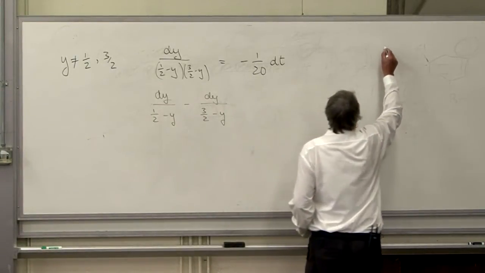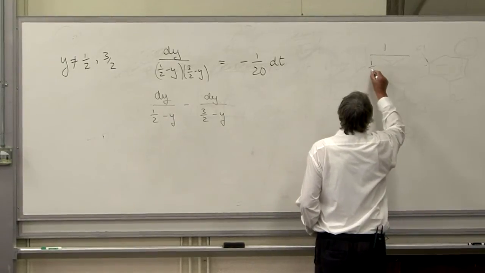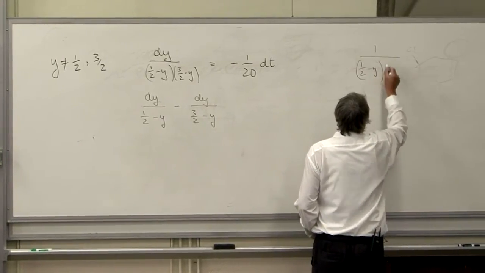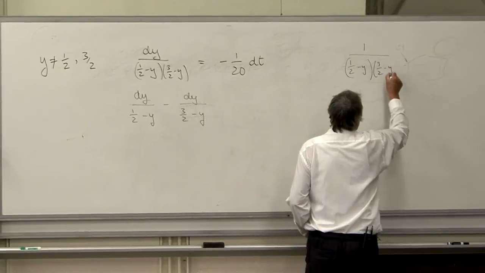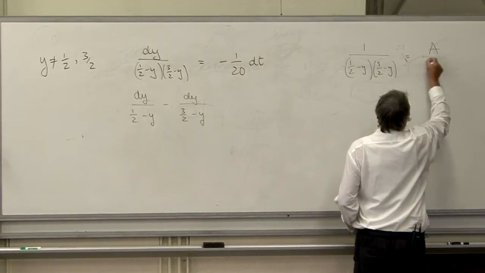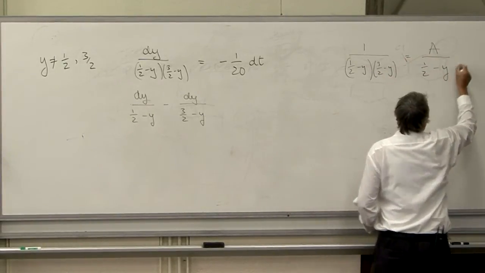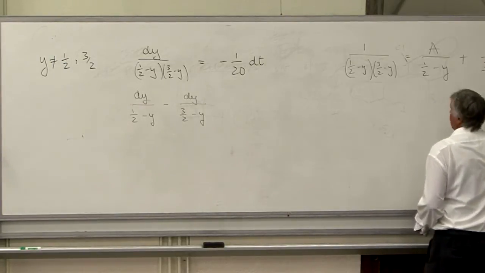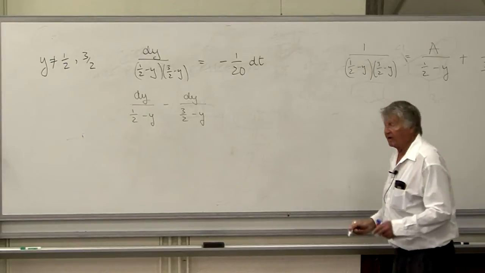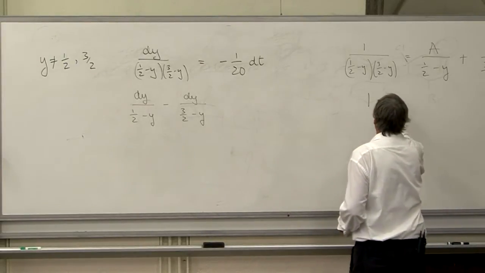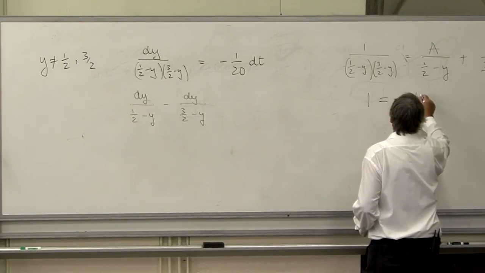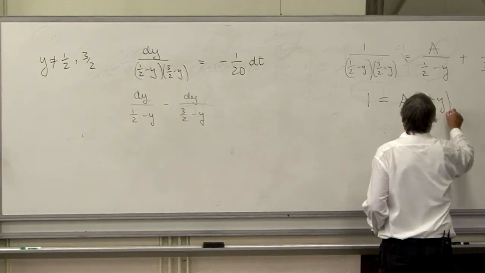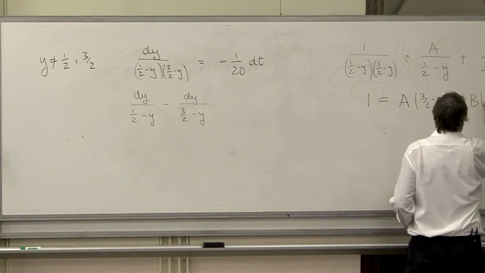So, if I have 1 over (a half minus y)(3 halves minus y), I write this as a over a half minus y plus b over 3 halves minus y. I multiply across by the denominator and I get 1 is a times (3 halves minus y) plus b times (a half minus y).